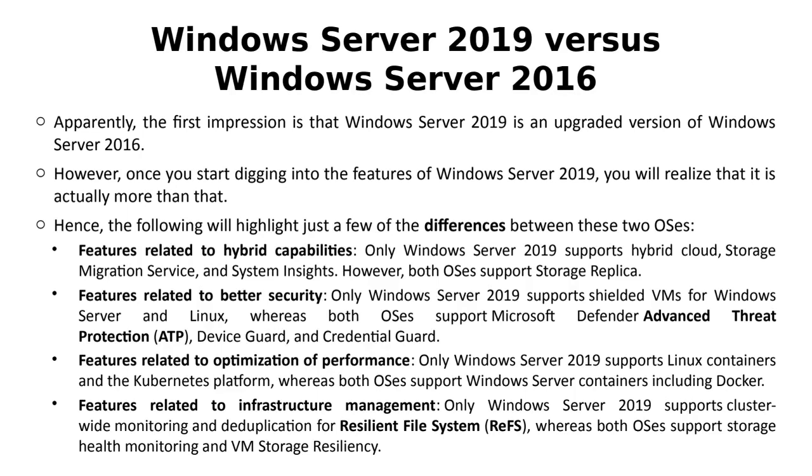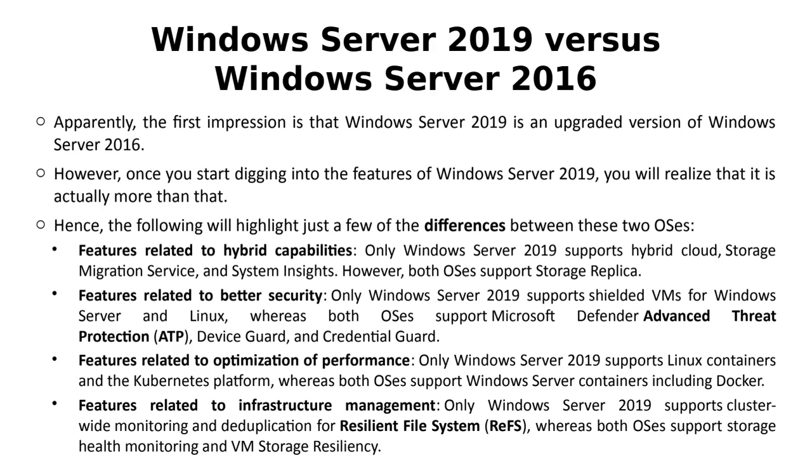We have already mentioned that 2019 has more features related to hybrid capabilities. So it supports hybrid much better. Security also, 2019 is more secure. We will learn more about them in the coming chapters, such as Microsoft Defender, Advanced Threat Protection, Device Guard, and Credential Guard.